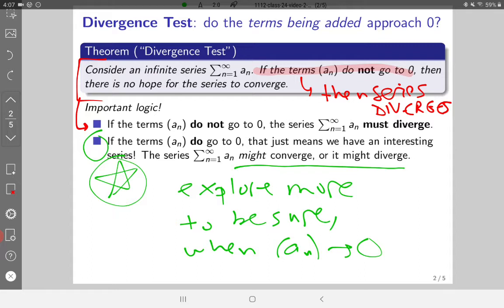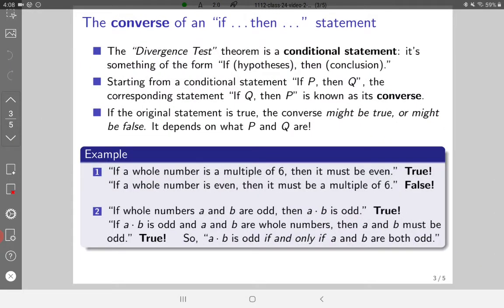Let me just talk about the logic of why this is a temptation, but also why it's just a mistake when I turn the logic around. So that divergence test theorem we just saw is a conditional statement. It's something of the form, if blah blah blah, then blah blah blah. So we usually call the if part the hypotheses, the assumptions of the statement, and then the then part the conclusion of the statement.